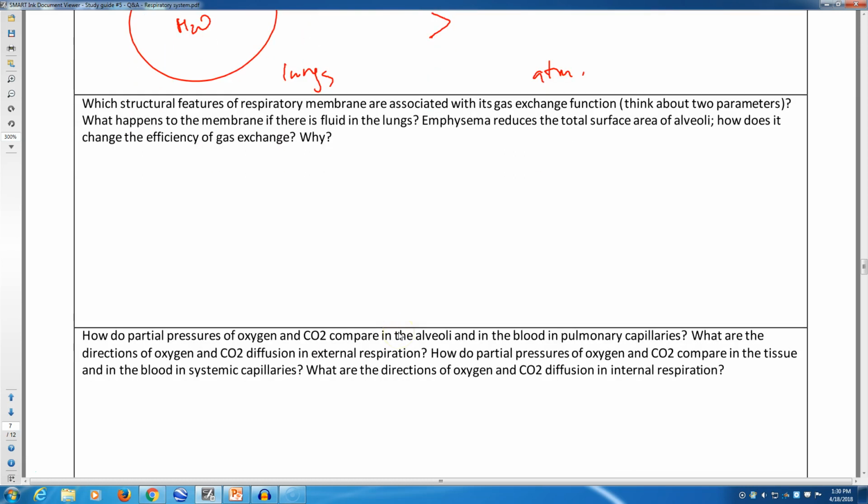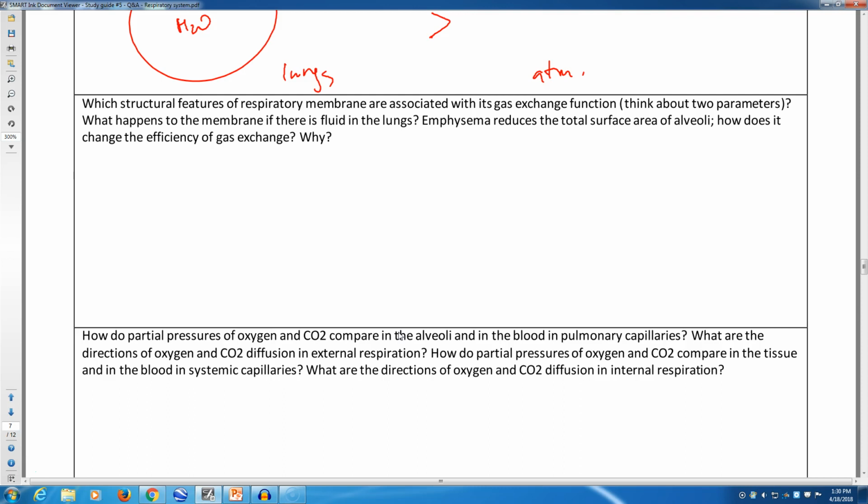What helps the respiratory membrane to perform its function? Which two structures? Two structural features. The respiratory membrane is composed of what? The alveolar membrane, the capillary membrane, and the basement membrane between them.